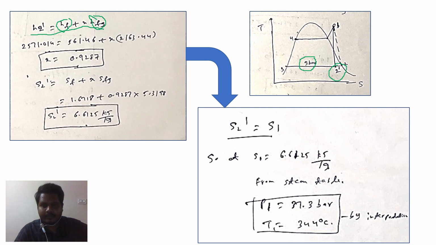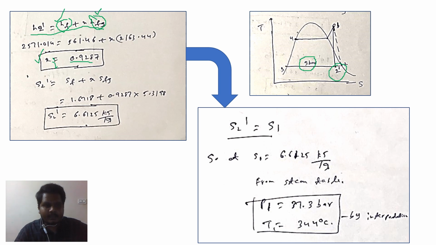So we have to refer to the saturation steam table at 3 bar pressure. From the steam table we can find the HF and HFG values. Once we substitute all the values, we can get the dryness fraction at point 2 dash, that is 0.9287.